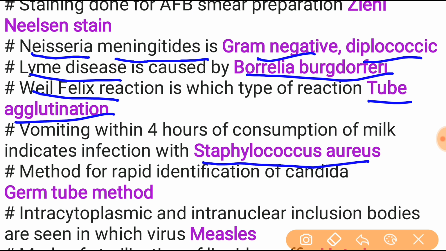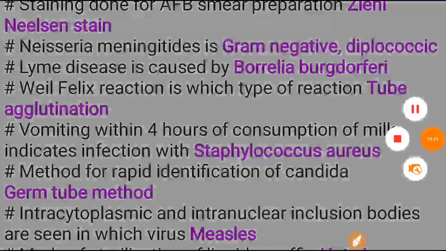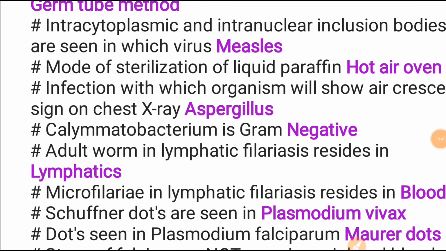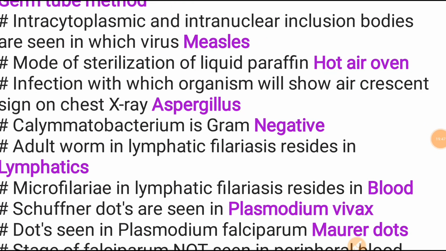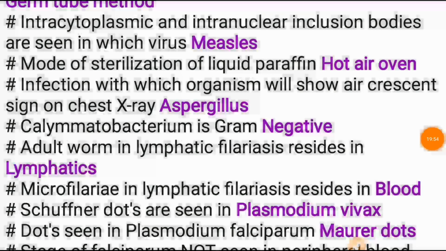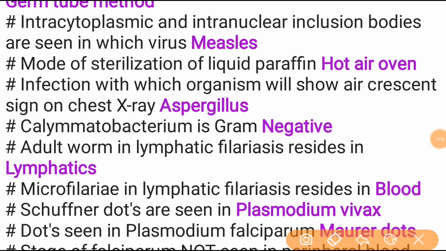Method for identification of Candida will be the germ tube method. Intracytoplasmic and intranuclear inclusion bodies are seen in which virus?